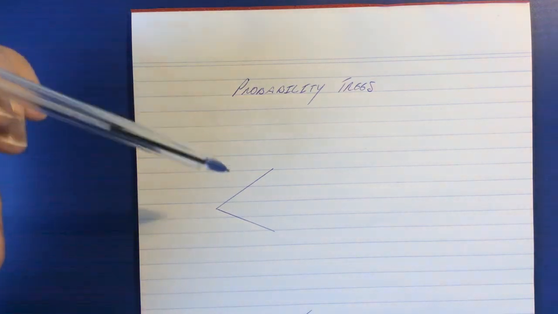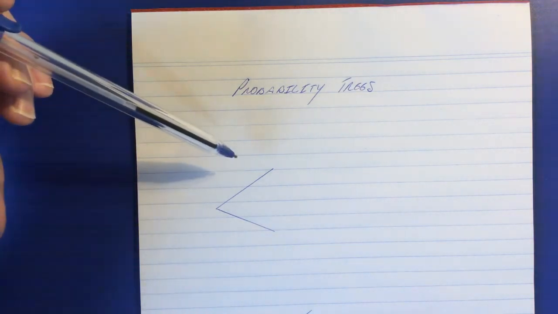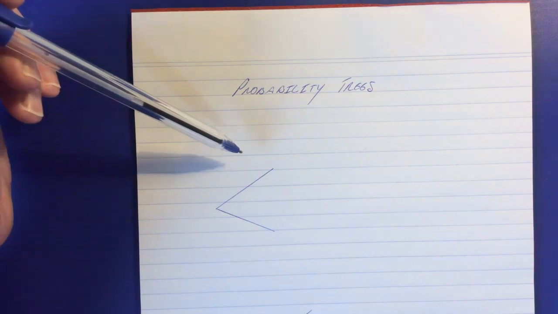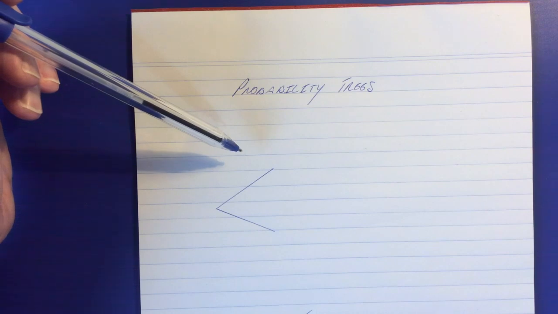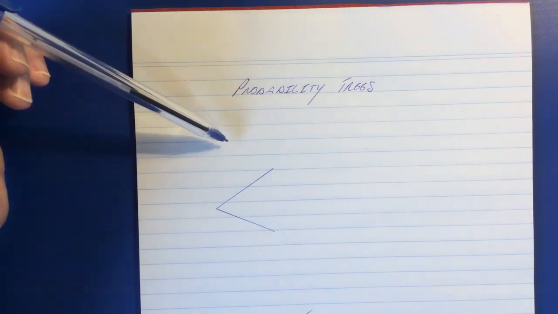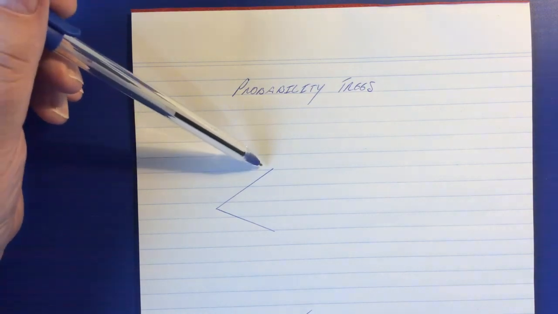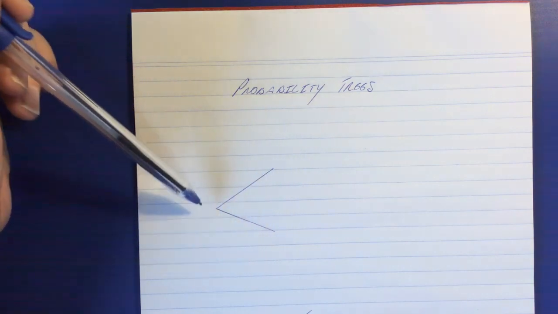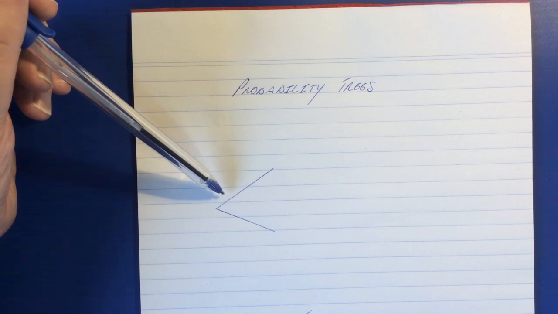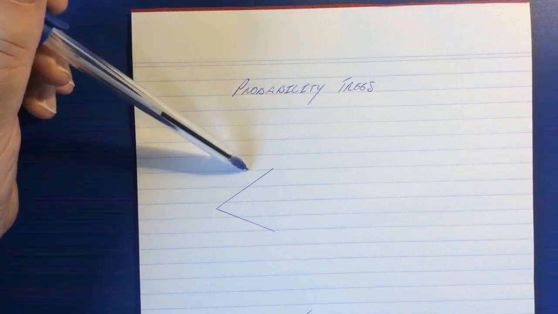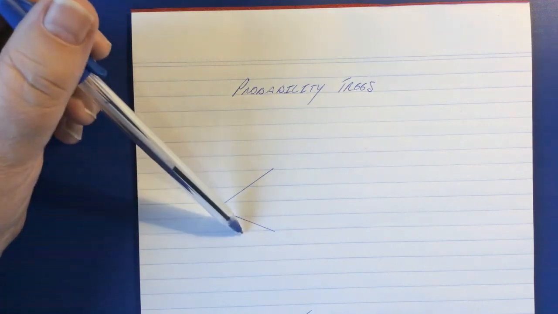Now, if you're looking at this, you've probably encountered probability trees in class and maybe you've got a few questions. So let's just start with the simplest probability tree that we could have, which is one where there are two possible outcomes.